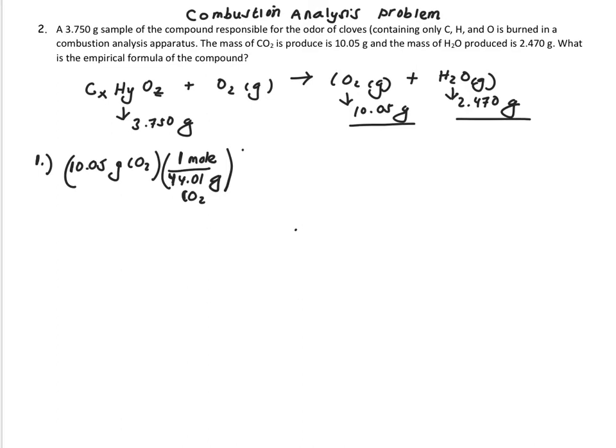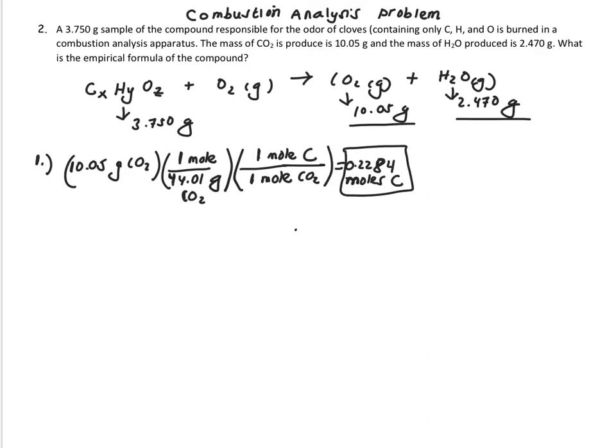We know according to the chemical formula of carbon dioxide, there is 1 mole of carbon dioxide for every 1 mole of carbon. So this gives us 0.2284 moles of carbon.